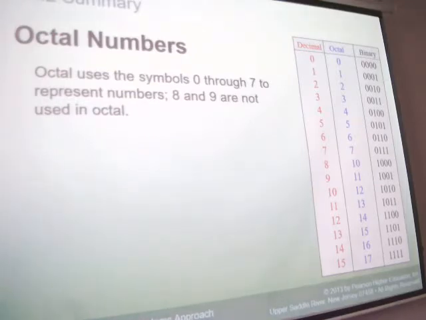So please see this column. This is octal, a 1-bit or 2-bit octal number. From 0 to 7, it is equal to the decimal number.